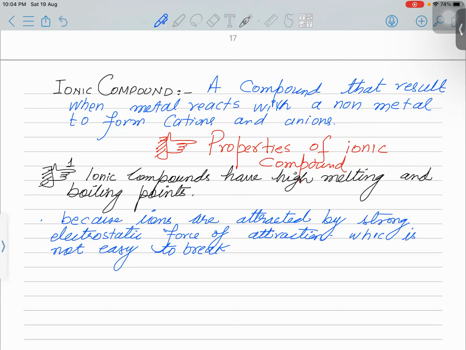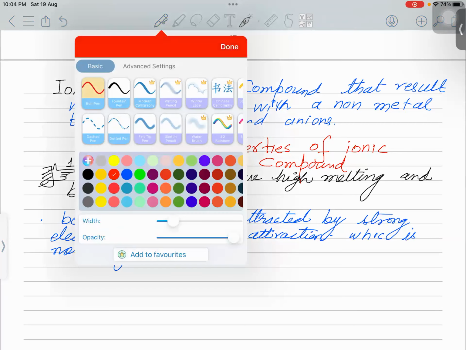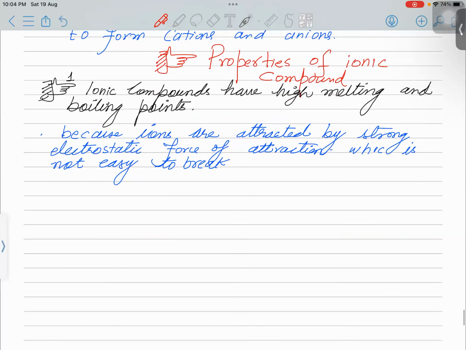Now, can you tell me another property? They are good conductors of electricity. Yes, you can say that, but they are not good conductors when they are solid.